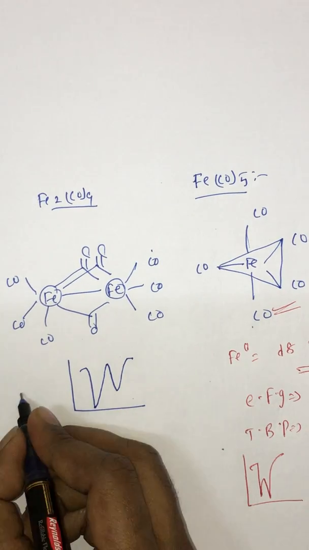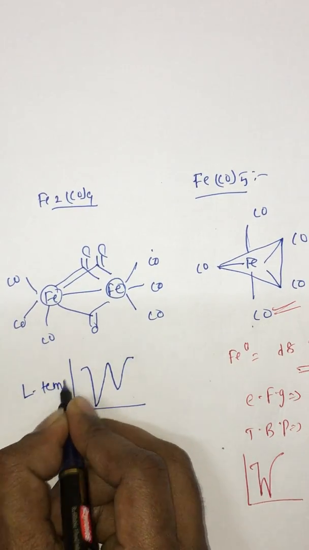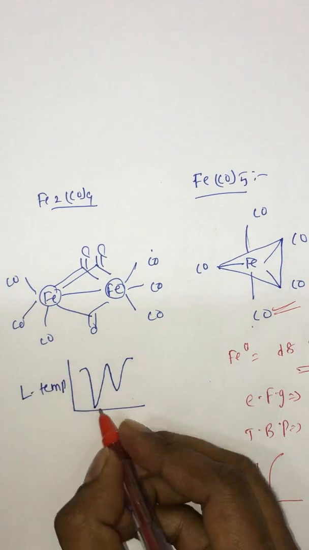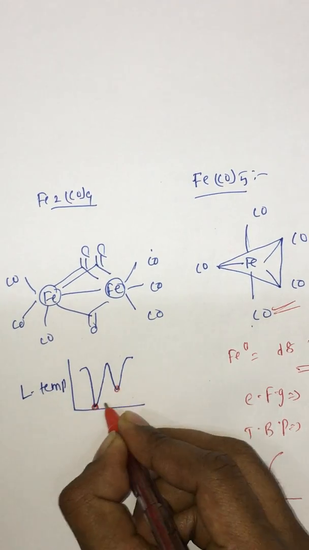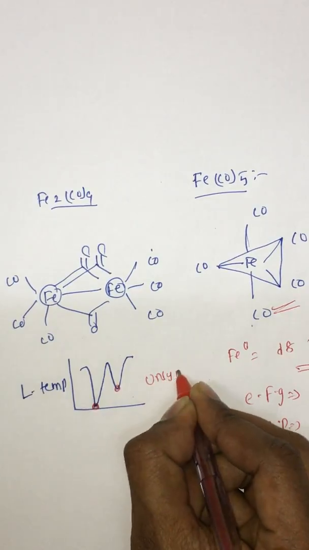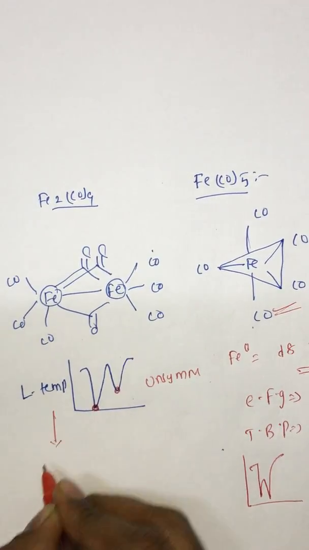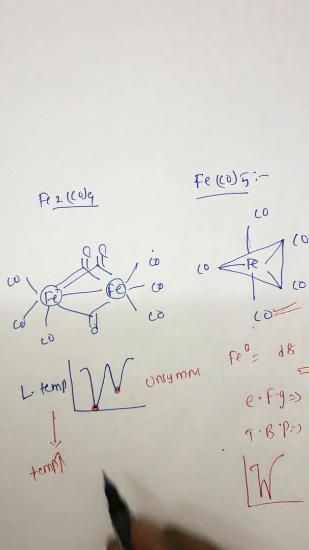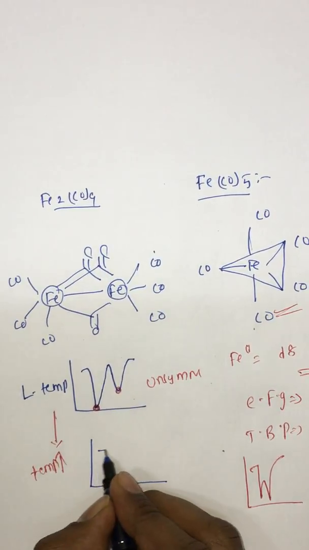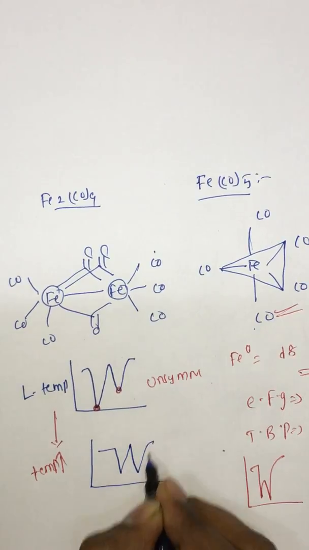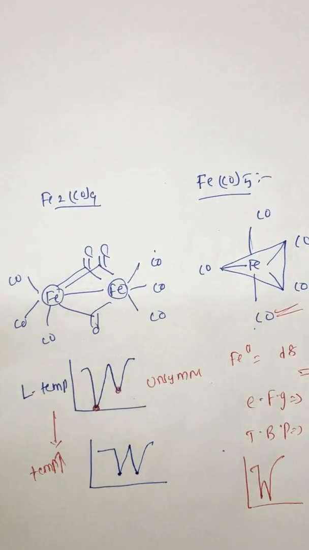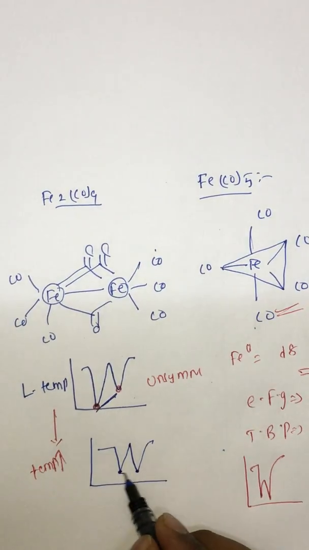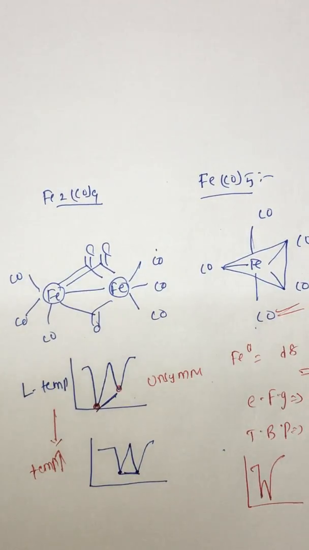At low temperature we get a doublet like this. It is unsymmetric in nature: one peak will be here, one will be here. If we increase the temperature, it becomes a two-line signal that is symmetric, meaning both peaks are the same. So at low temperature it shows an unsymmetric doublet like this, and at high temperature it shows a symmetric doublet like this.